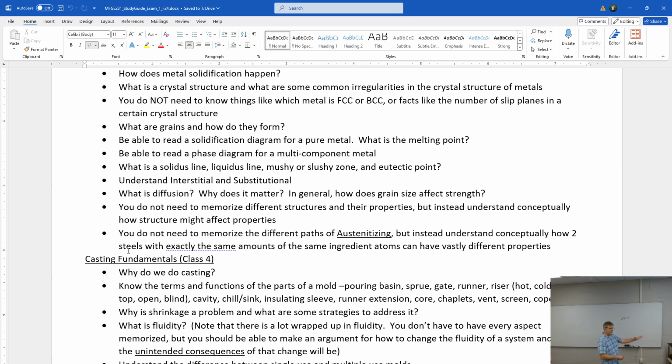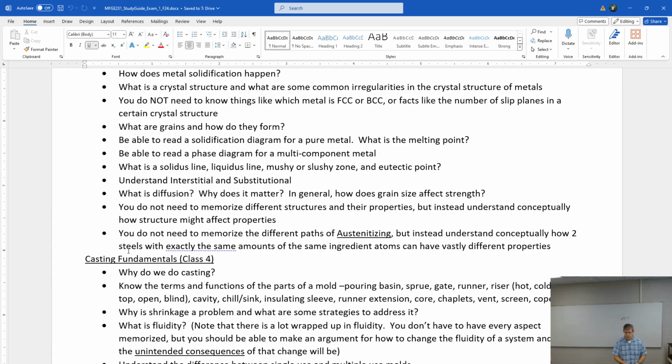That's so materials class. But what I would like you to know is what's happening at those slip planes. What's happening when dislocations move, what stops them from moving, and what effect does that have on the macro properties of the material.